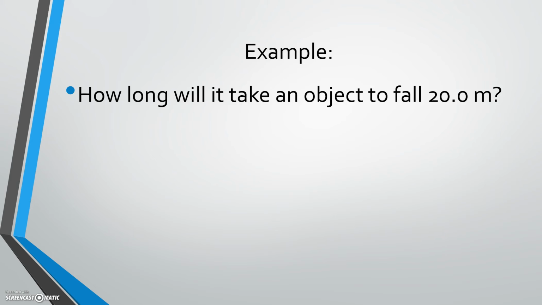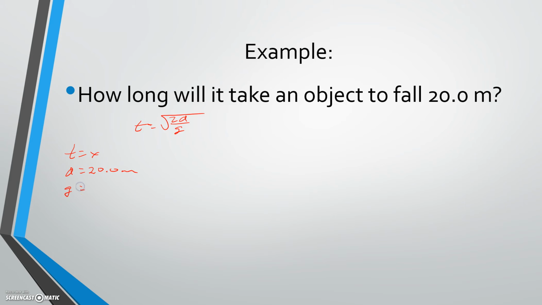So our last example in this session is going to be how long will it take an object to fall 20.0 meters? So we'll start with our equation. Time equals the square root of 2d over g. In this case, time is what we're trying to solve for. D is our distance. So for this particular problem, we've got 20 meters.